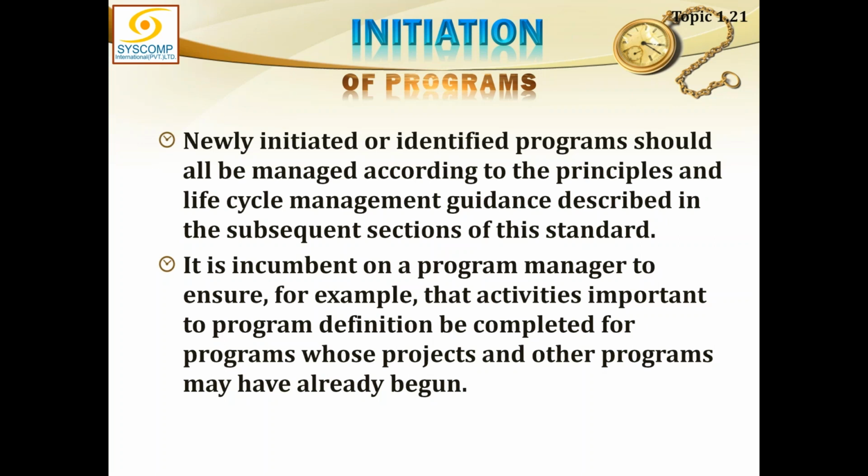How can we start the components when we don't know what all has to be done in this program? We should have a roadmap available, which should tell us what components can go in parallel, what components are dependent on each other. So that kind of network diagram also might have to be created, and a schedule is also to be created for the program. That all is part of the program management plan.